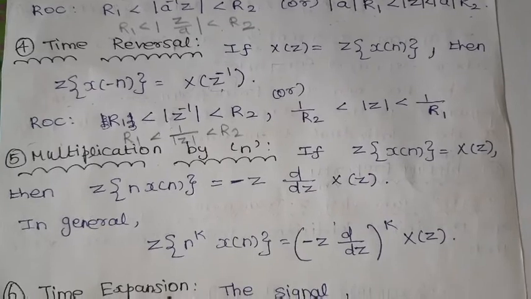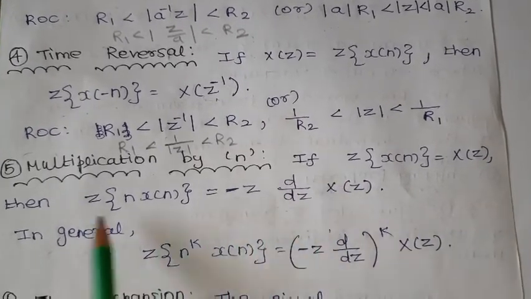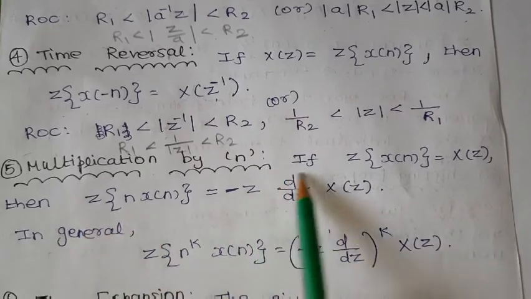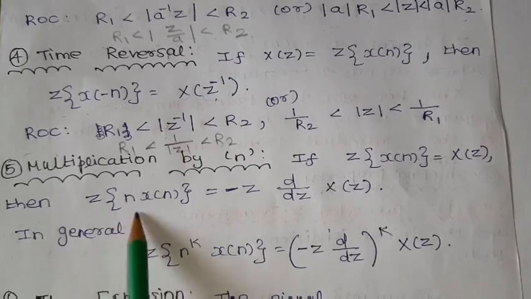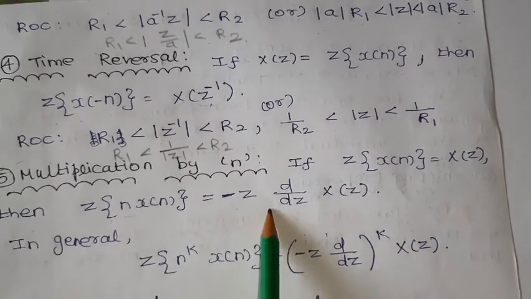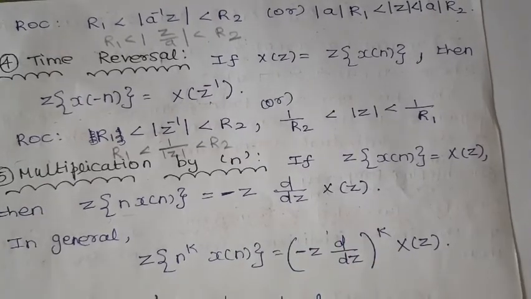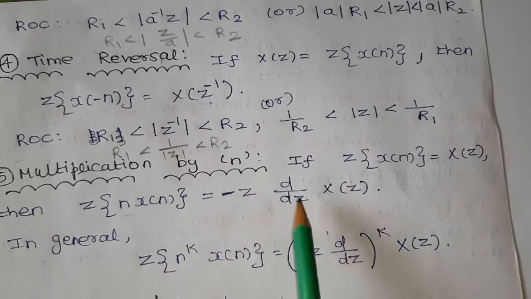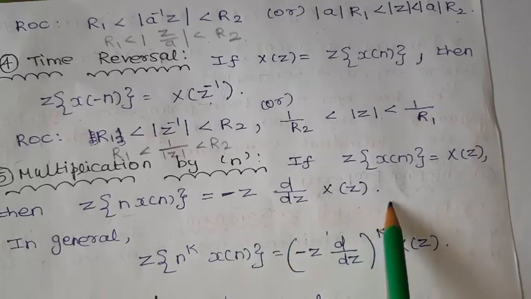Then what is the next property? Multiplication by n. If the z transform of x of n is equal to X of z, then the z transform of n into x of n is equal to minus z into d by dz of X of z. If it is multiplied by n, we get the differentiation of that z transform, minus z into d by dz of X of z.